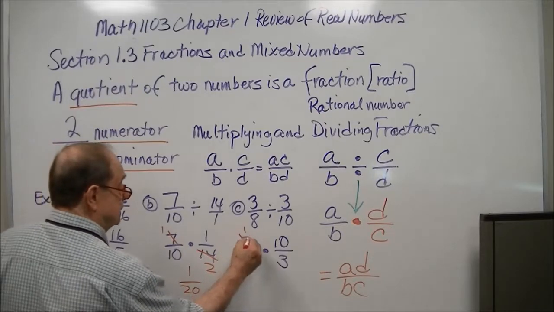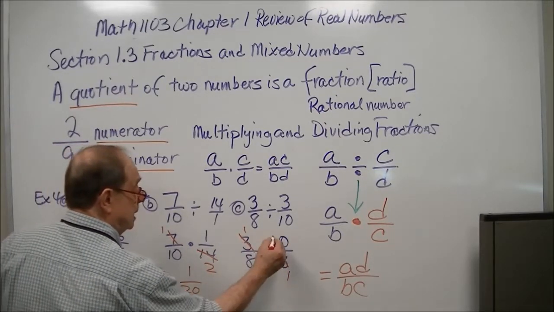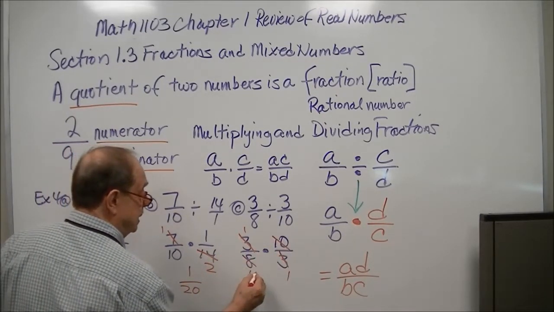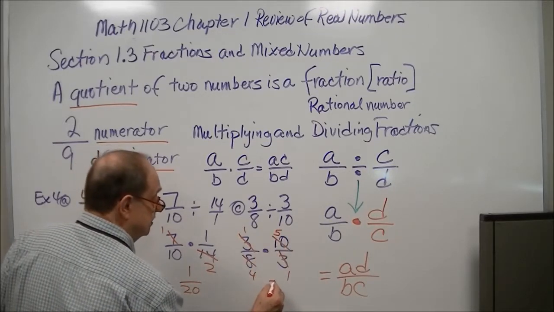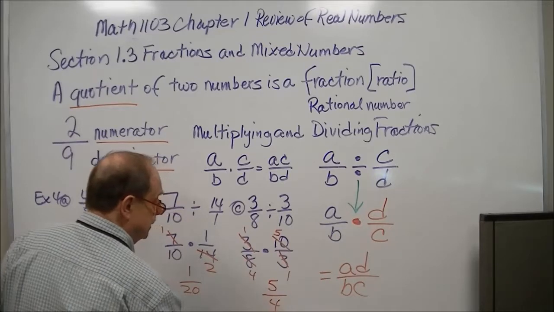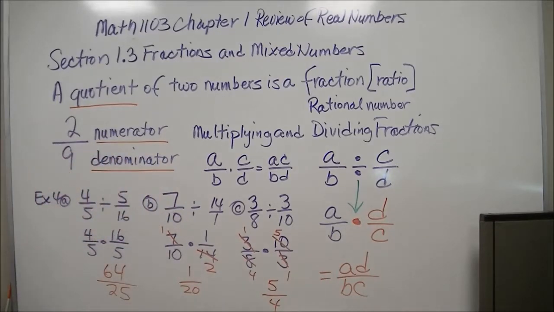Here the 3's cancel out, and take a 2 out of there, get a 4, 5, so this becomes 5/4. The key is when you are dividing fractions, you change it from a division to a multiplication, take the reciprocal, and then cancel wherever you can.